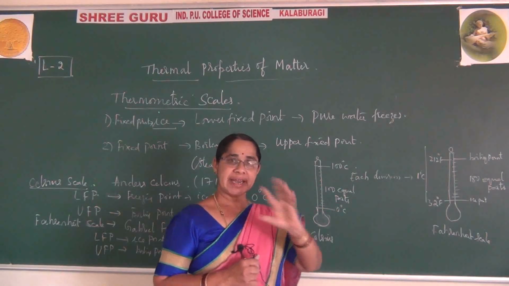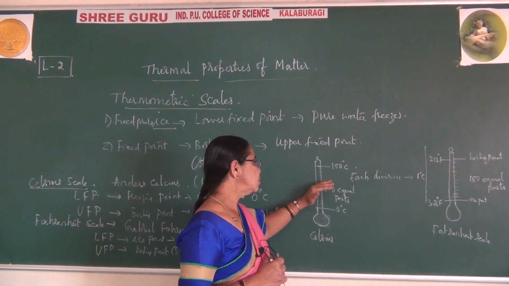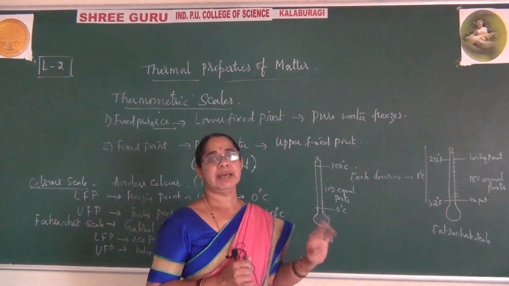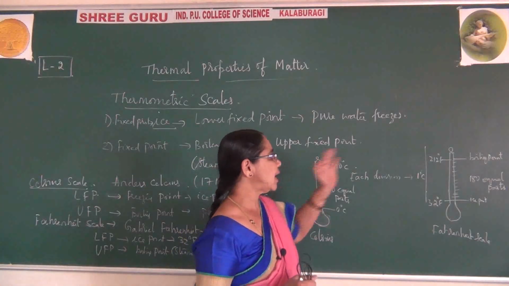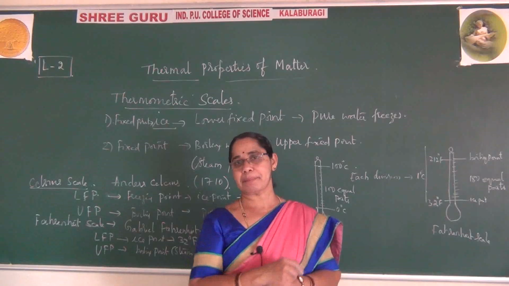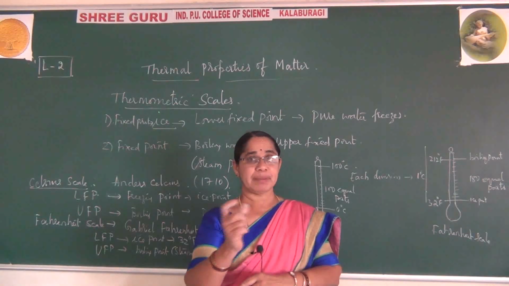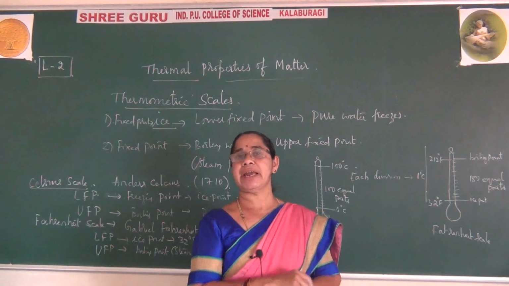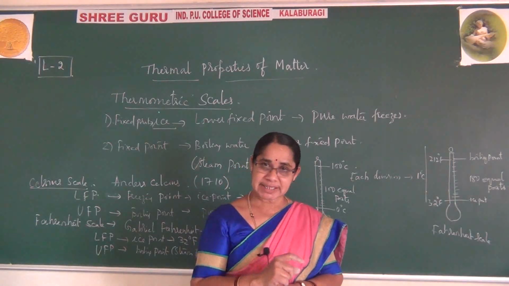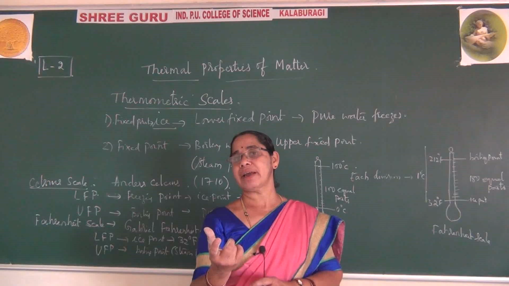If you take any liquid, first you may use one scale, the Celsius scale, and you get some temperature. After some time, if you use the other scale and observe the temperature, that also shows some temperature. Looking at these two scales, you can observe in which scale the reading is more, the Celsius scale or the Gabriel Fahrenheit scale.